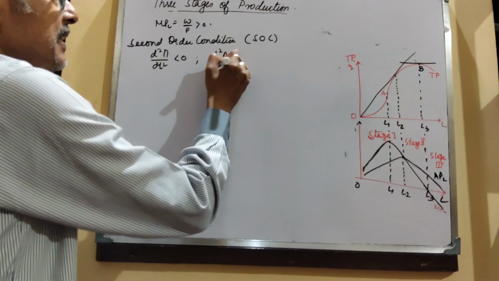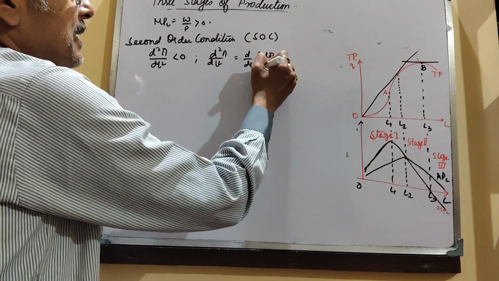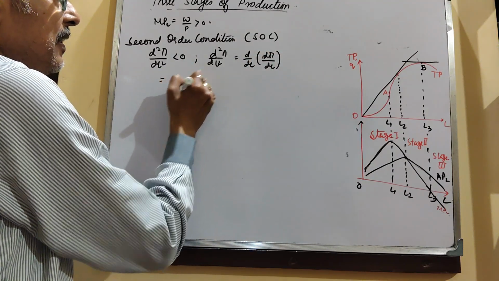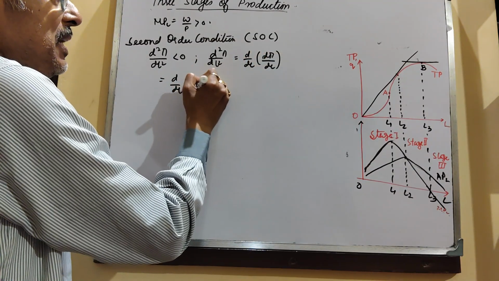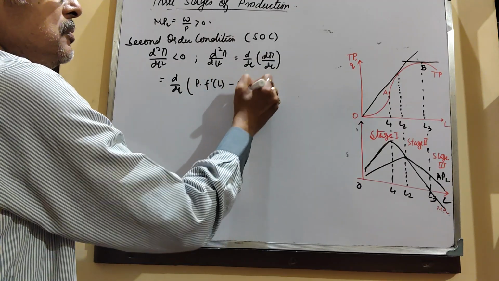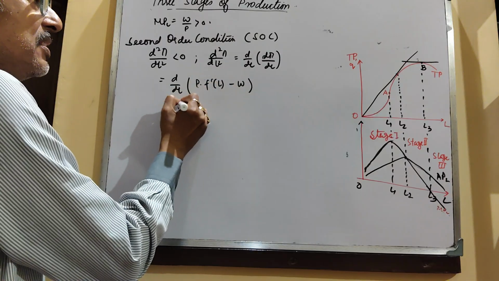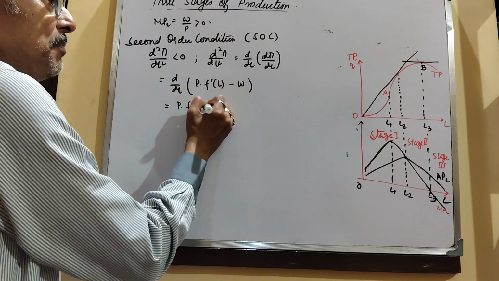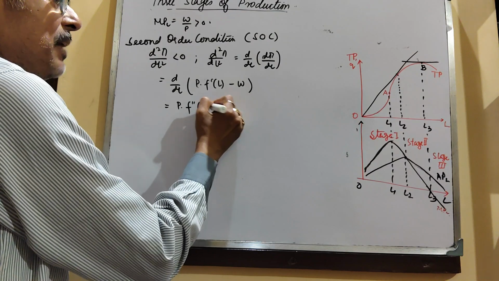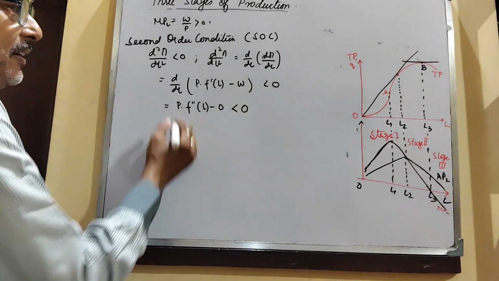It is d by dl of d pi by dl, and d pi by dl is P into f prime l minus W. Now we differentiate again. P is constant, so this is P f double prime l, and W is constant, so its derivative is 0. Minus 0, and this is negative. SOC requires this to be negative.